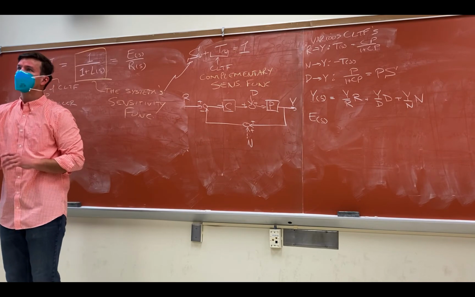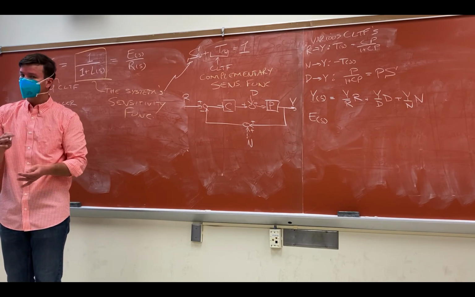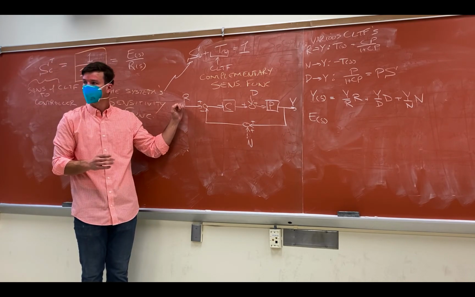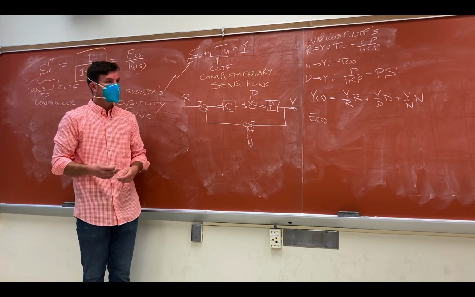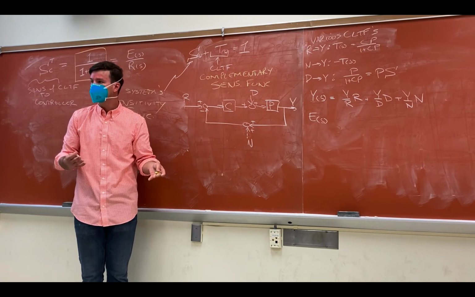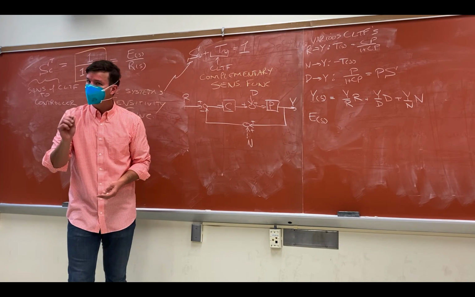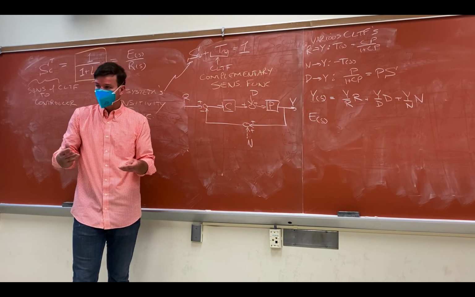Because the behavior of the output changes based on the shape of the reference signal. So that means that you can never talk about, oh, is this output good? You have to say, is this output good given a reference signal of blah? If instead you talk about the error, you can just say, I want the error to be small.